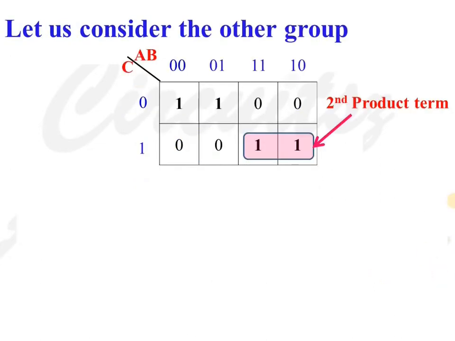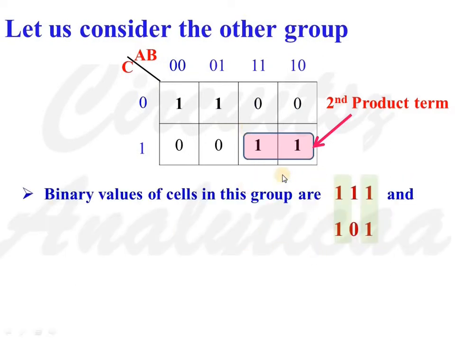Now let us consider the second group. In the second group, binary value of this cell is 1, 1, 1. So A is equal to 1, B is equal to 1 and C is equal to 1. Binary value of this cell is 1, 0, 1. So A is equal to 1, B is equal to 0 and C is equal to 1.